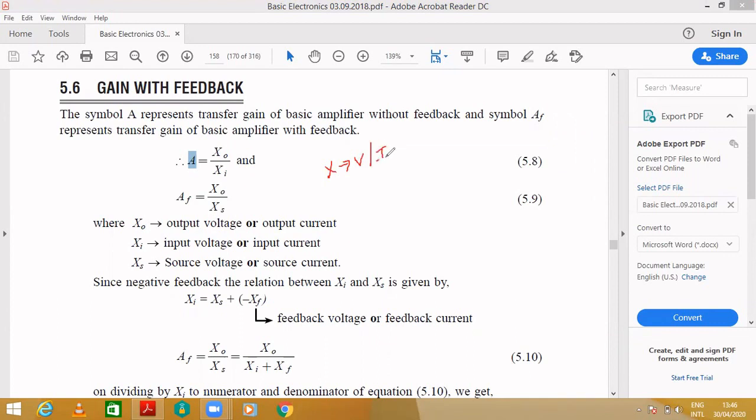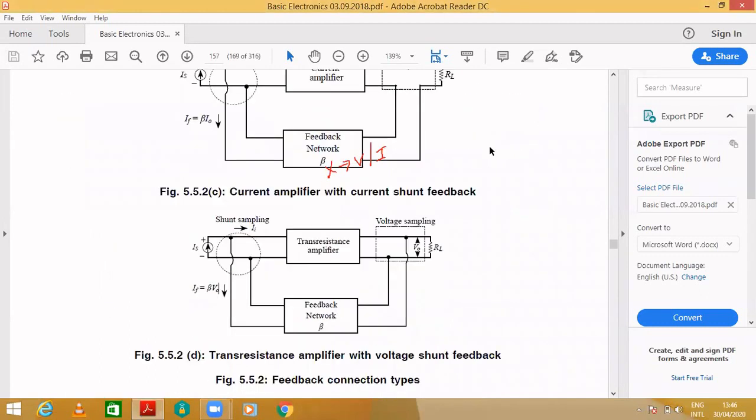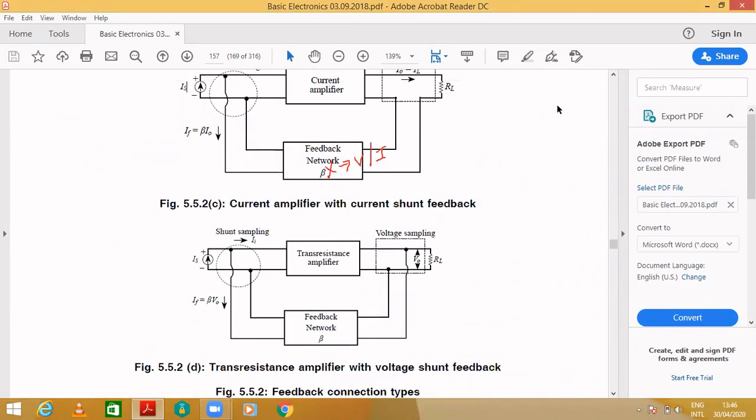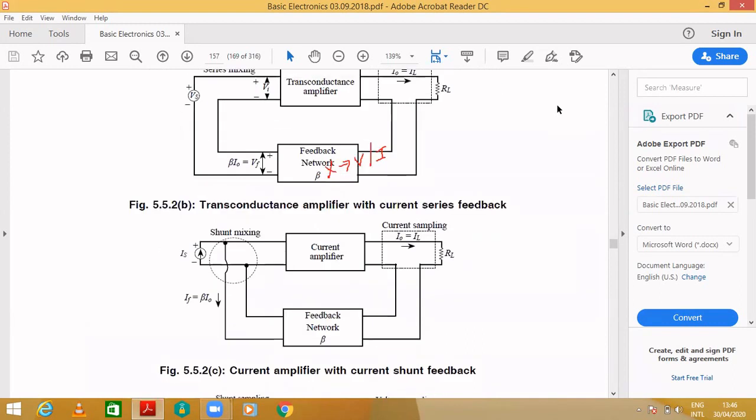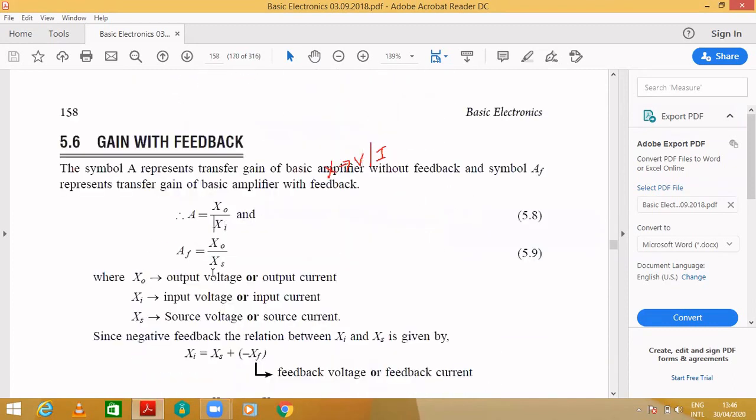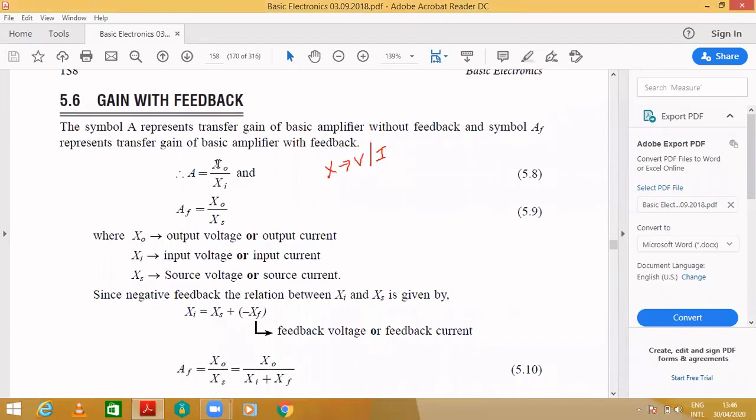As you can observe from the previous feedback types, in some connection types you are using a voltage supply, and in others a current supply. It depends upon the application. So in order to avoid confusion, whether it is voltage or current, it is simply represented as x0 by xi.